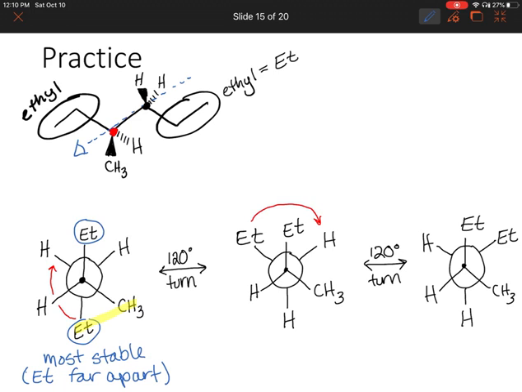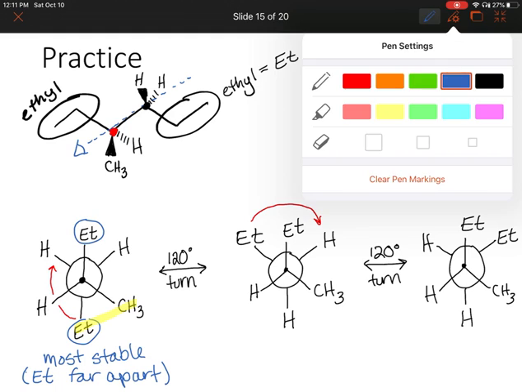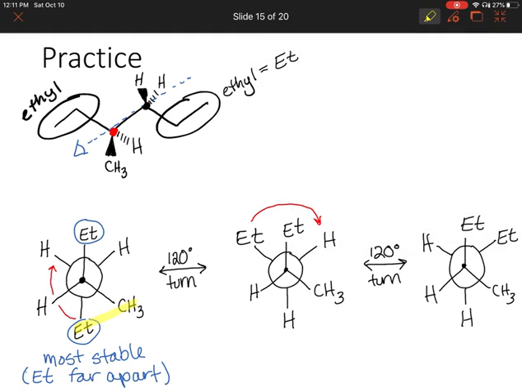Okay, so now looking at our other two structures, which one would be the least stable? So let's consider the positions of our largest groups. If we look at our second structure, we do have gauche interactions between the ethyl groups.